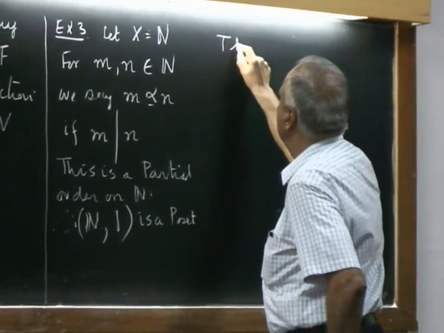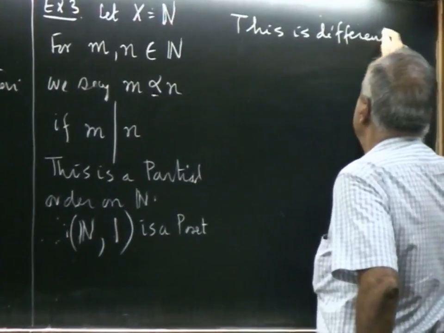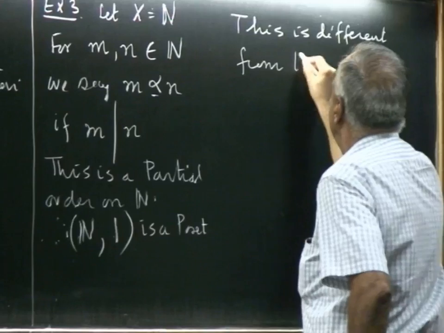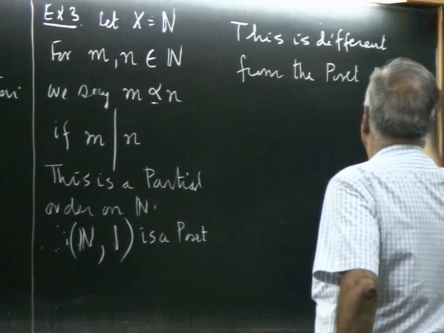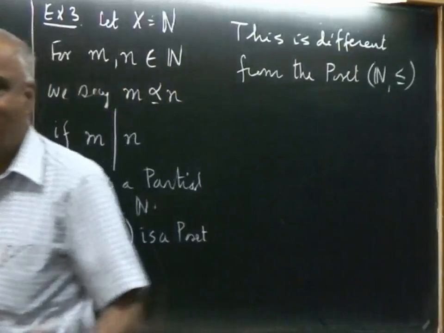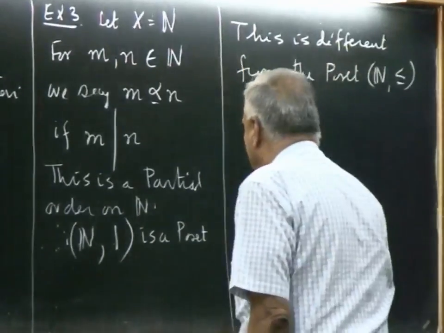This is different from the poset N with less than or equal to. The carrier set is the same, N, but the order is different. So, as partially ordered sets they are different, as sets they are the same. On the same set N you can have several partial orders, and as partially ordered sets they will become different.